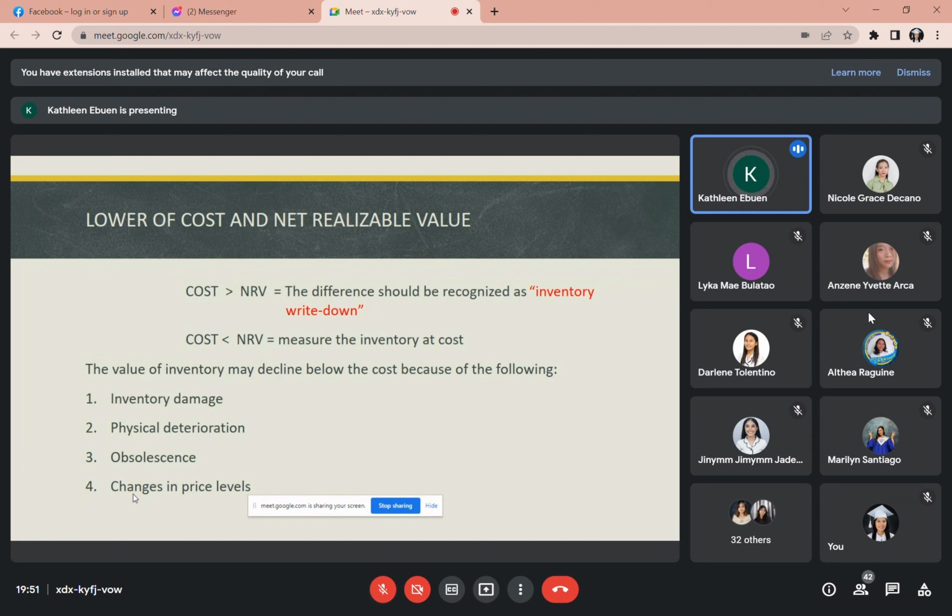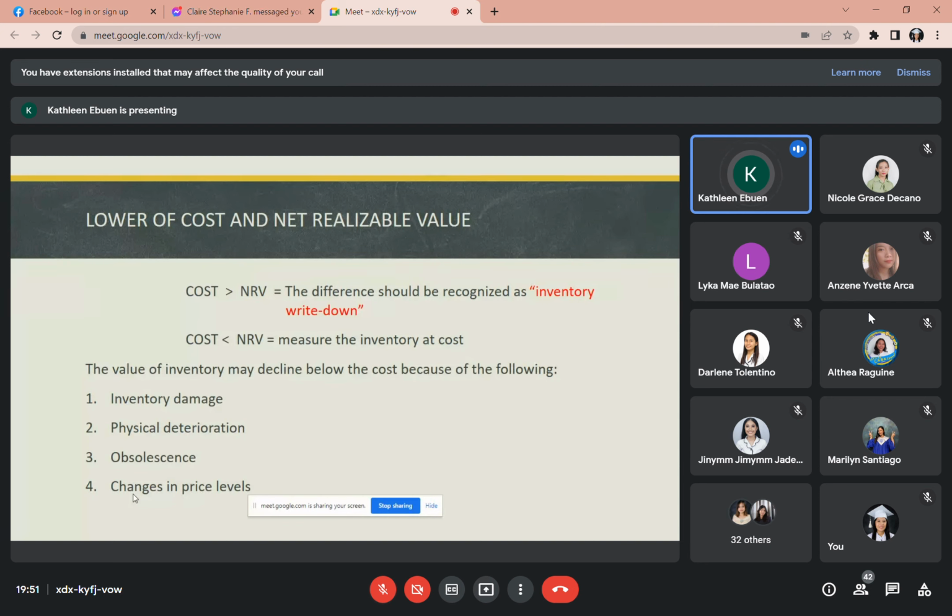And then number 4 is the change in price levels. For example, class, magtatayo kayo ng isang business of gasoline station. So pagdating na at the end of December, plano mo nang itayo yung gasoline station. So therefore, sa November pa lang, kailangan mo nang mag-purchase ng mga gasoline or fuels. So, for example, binili mo siya at 80 pesos per liter.